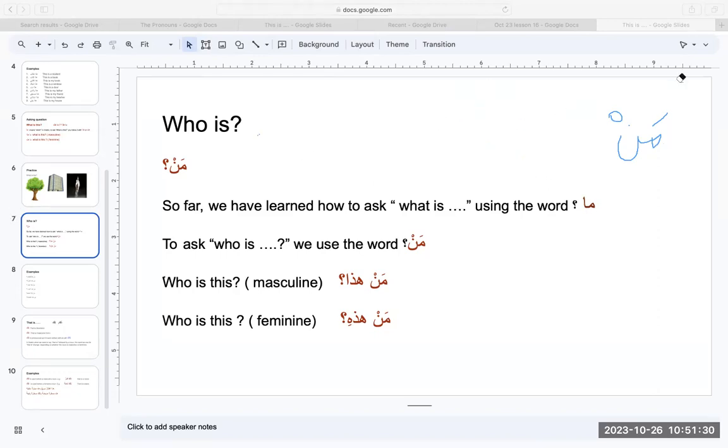What I'm talking about in this section is who, men. So you don't use ma to ask about a human being at all, but you will use men. So you will say من هذا, and من هذه for the feminine.